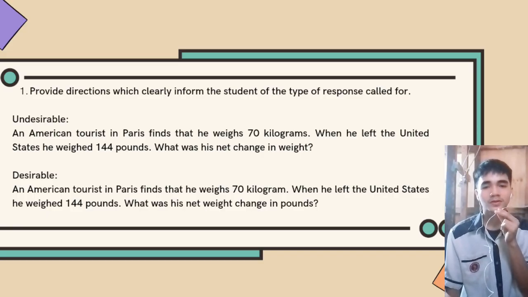So this is a clear question because first, it clearly tells the students to give the answer in pounds. Second, there's no confusion about what unit to use. And lastly, it helps students focus on solving the problem instead of guessing what the teacher wants.